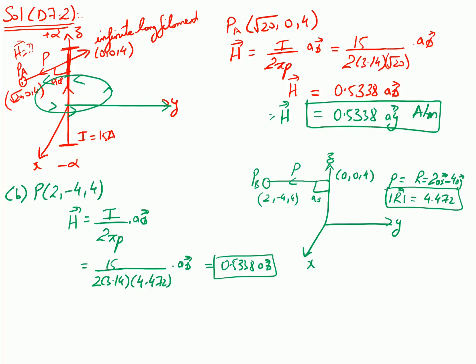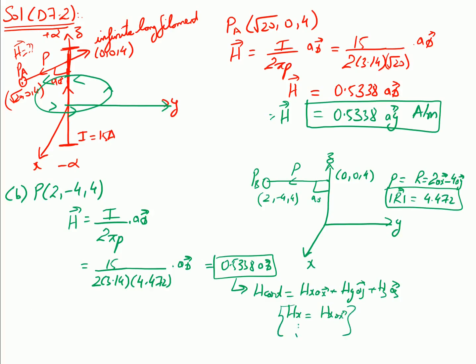Now once we have this answer, we need to convert this into the Cartesian coordinate system. Since we cannot transform it visually, we have to utilize the transformation matrix, where the Cartesian form comes out to be H_x along a_x, H_y along a_y, plus H_z along a_z. The value of H_x is the component along a_x, and for y and z it remains the same, similar to what we have seen in the second chapter.